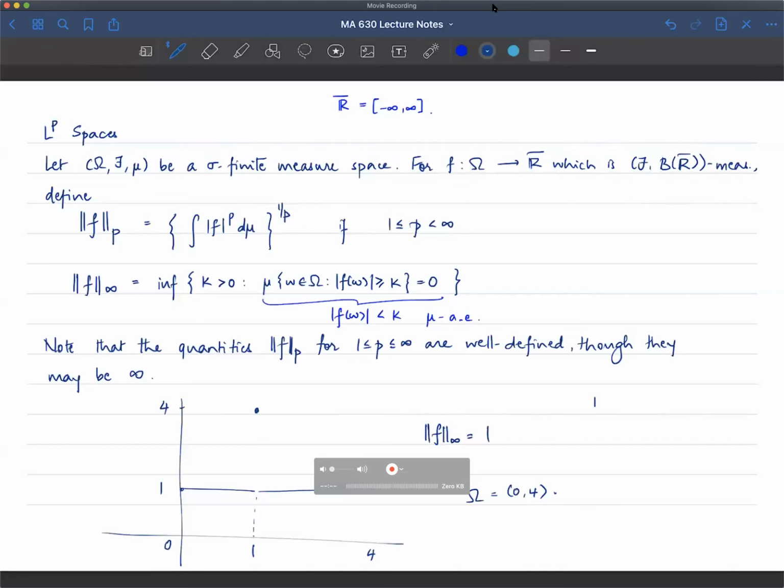The point is any k greater than 1 will work. For any k greater than 1, the measure of the set where the function exceeds k is 0. And so the infimum of all these is just going to be 1. And so this infinity norm symbol is going to be 1.